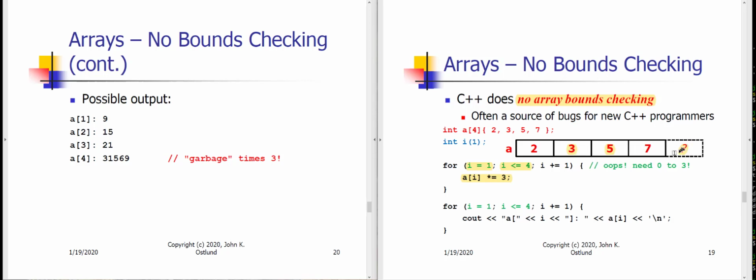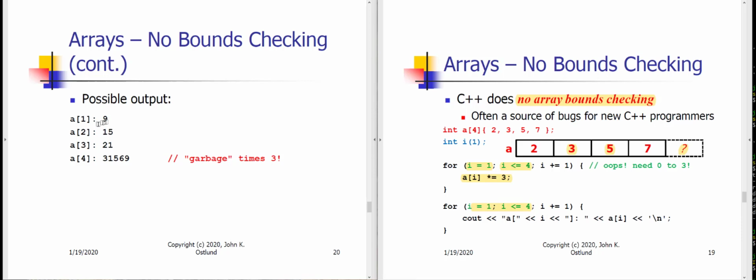And so these values are being changed to 9, 15, 21, and then 3 times whatever is in that location. If the program hasn't crashed at that point, then this next for loop will run and also use the same mistaken sequence of indexes, 1 through 4, and display those values to the screen.